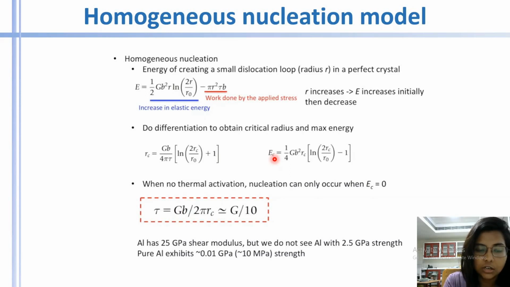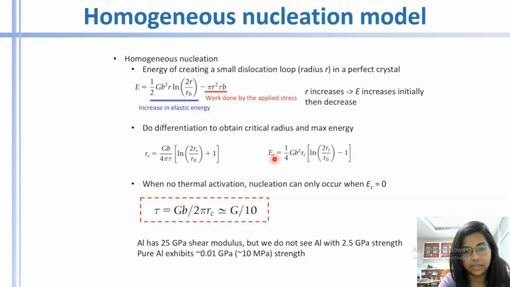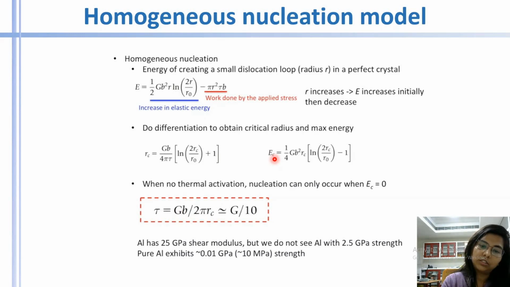The shear modulus of aluminium is 25 GPa, so G by 10 is equal to 2.5 GPa theoretically. However, we do not see 2.5 GPa strength in aluminium. For pure aluminium, the shear strength exhibited is of the order of 0.01 GPa, 10 MPa, which is orders of magnitude smaller than 2.5 GPa.